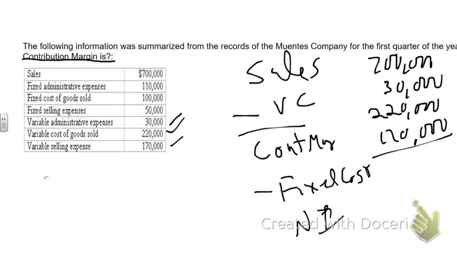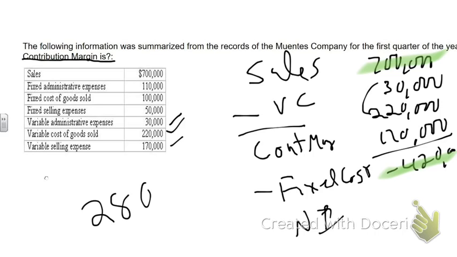So I'm going to subtract 420 grand. So I've got 700 grand minus 420 grand, and that gives me a total, and I don't have my answers here, but my answer is 280 grand.